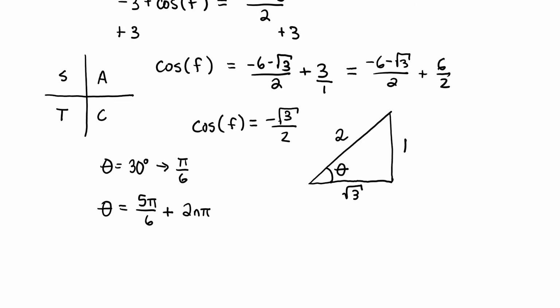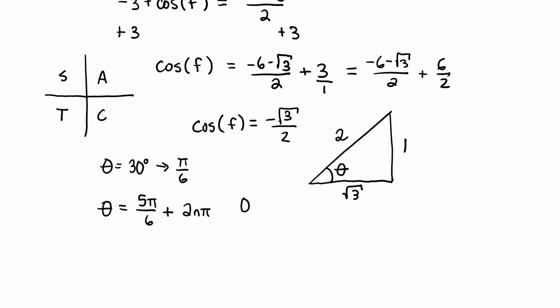Now, cosine is not only negative in the second quadrant, but in the third quadrant as well. To find the analogous angle to pi over 6 in the third quadrant, we add pi. So it will be pi plus pi over 6, or 1 plus 1/6, which is 7/6.